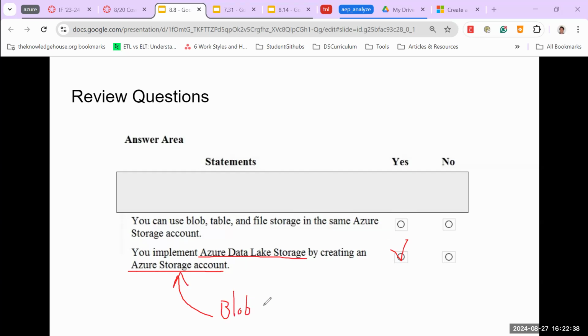So that's just something to keep in the back of your mind as you think about blob containers in Azure. In order to create a blob container, you need to create an Azure storage account. So therefore, if you want to create an Azure Data Lake Storage, you need to create a blob container, which also necessitates that you need the storage account as well. Cool. All right.